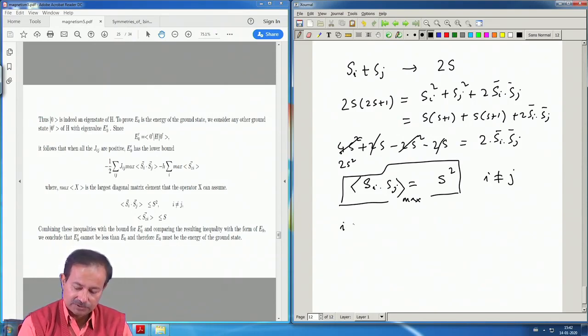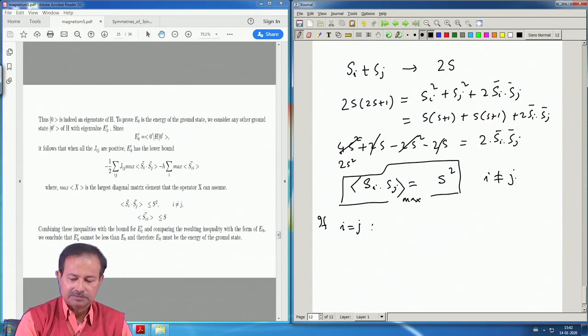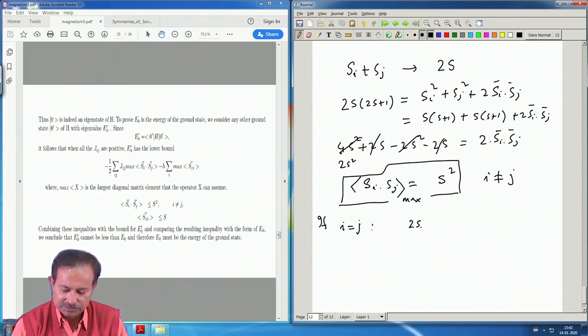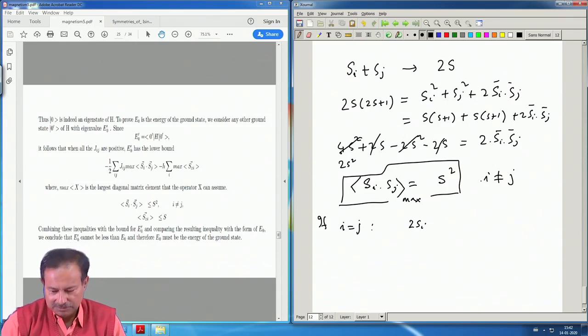If i were equal to j, then we already calculated this, because we are using it. In that case, you can easily calculate it. If i equals j, then this side is just 2Si, so Si square is S into S plus 1.